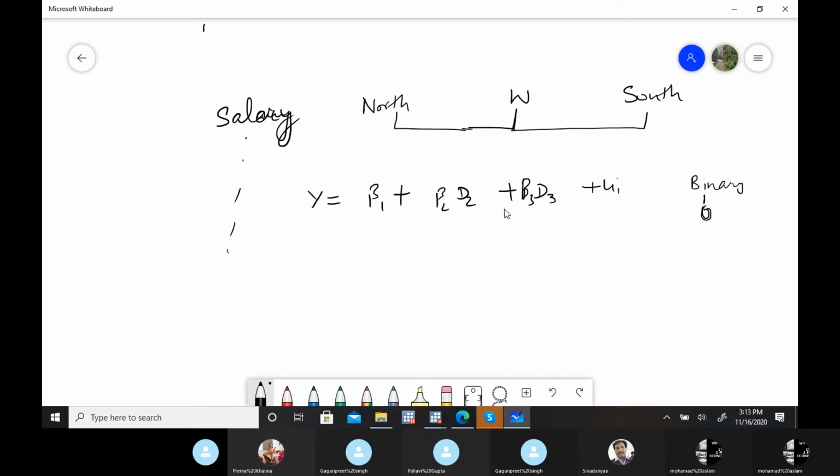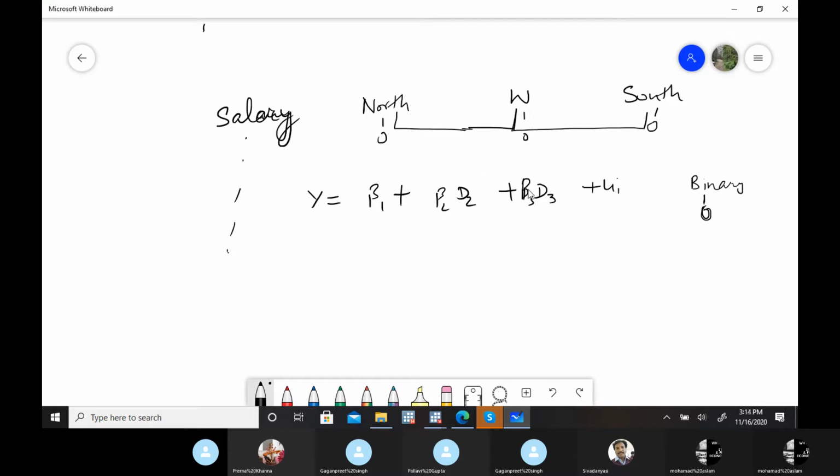So first, you put these in dummy form: if the state is from north, then 1, otherwise 0. If the state is from west, 1, otherwise 0. If the state is from south, 1, otherwise 0. So these dummy variables are 1 or 0.